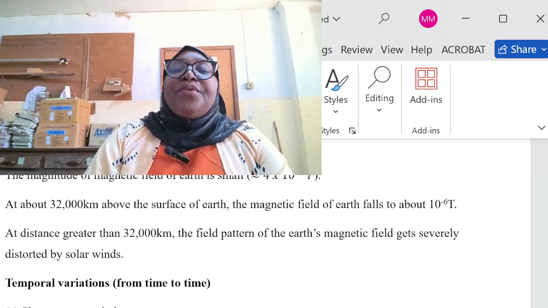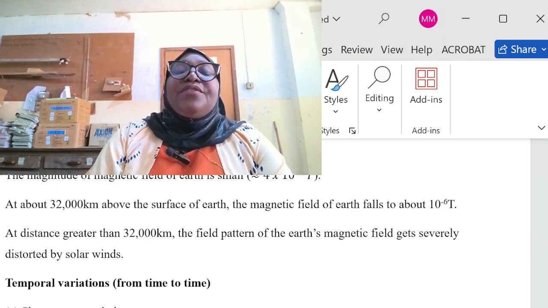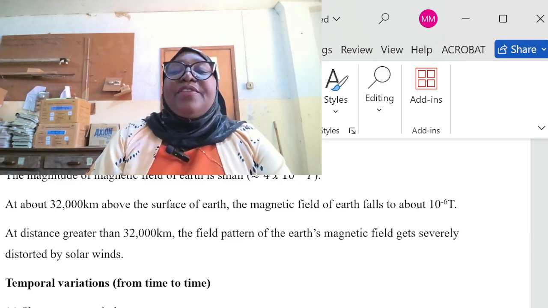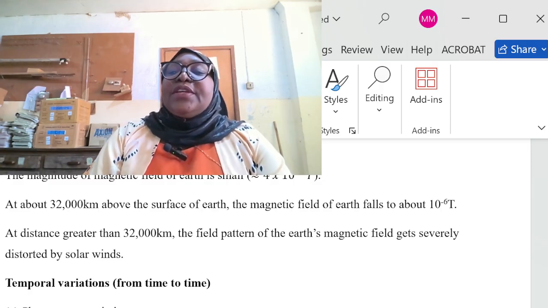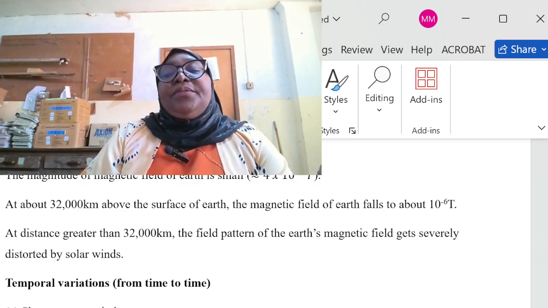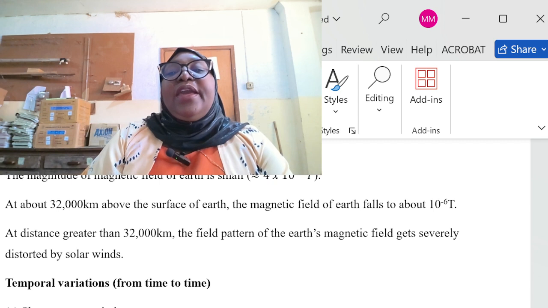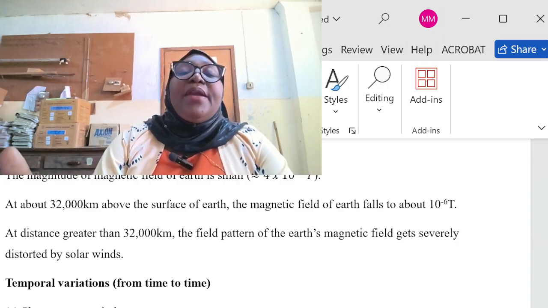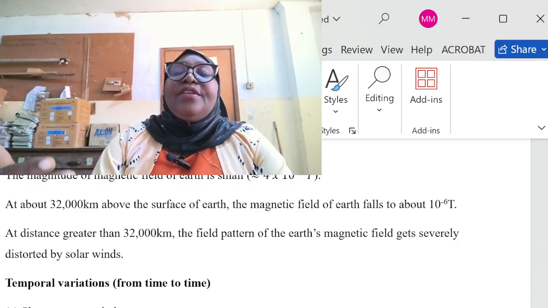Also, we have temporal variation. This is the variation of the magnetic field from time to time. In this case, we have short-term variation and long-term variation. For example, over about 240 years, from 1580 to 1820, the magnetic declination at London changed by 35 degrees.